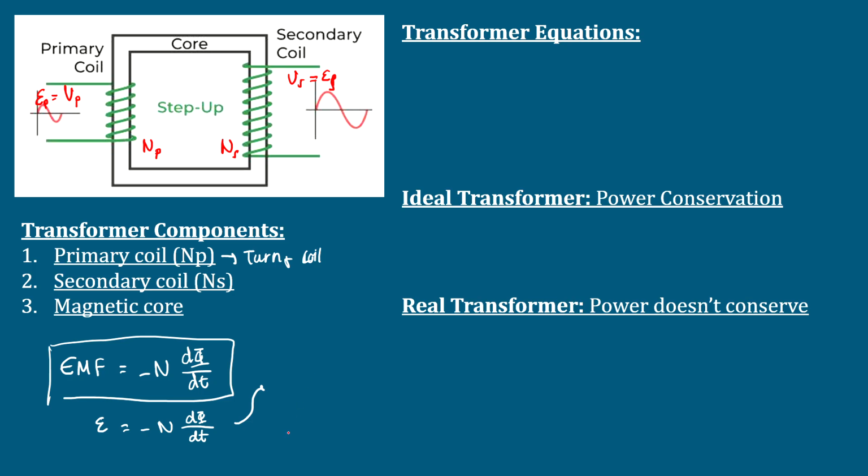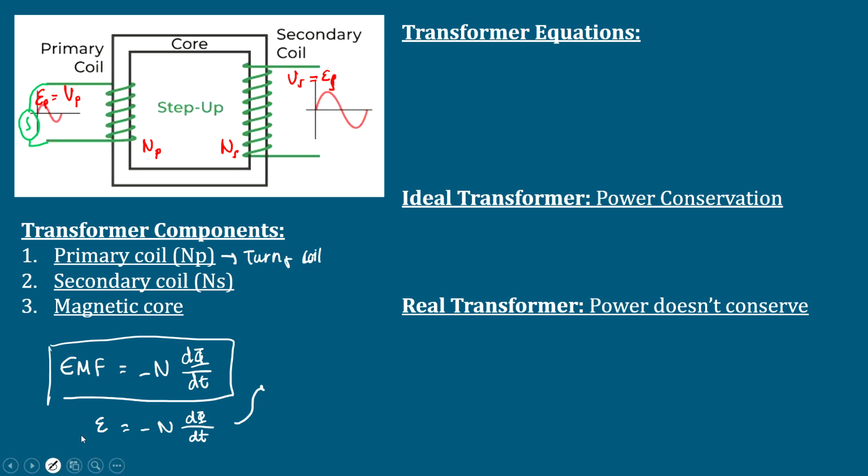Because we have two circuits connected to different devices, for the left side, the primary coil is connected to a source of AC, which can be a generator or something.